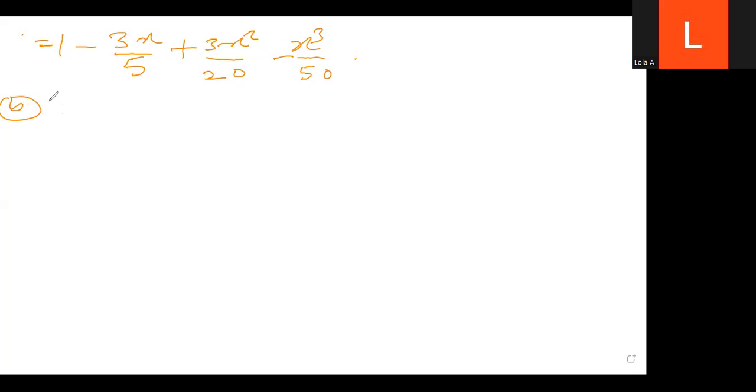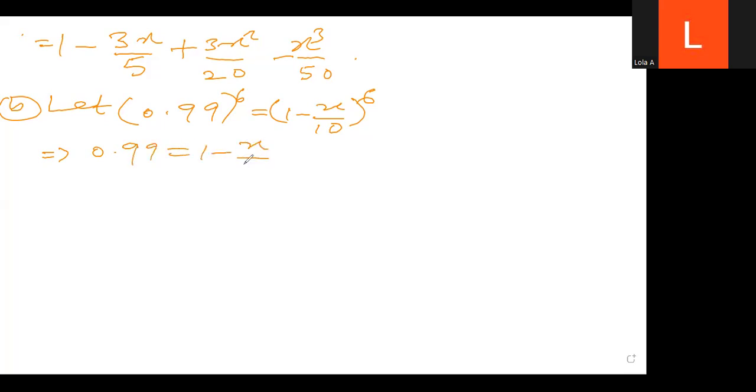So you now say, let 0.99 raised to the power of 6 equal what we have done in A, (1 minus x over 10) raised to the power of 6, which implies that 0.99 will be equal to 1 minus x over 10. Both are raised to the power of 6, so the terms in the bracket will be equal to one another.